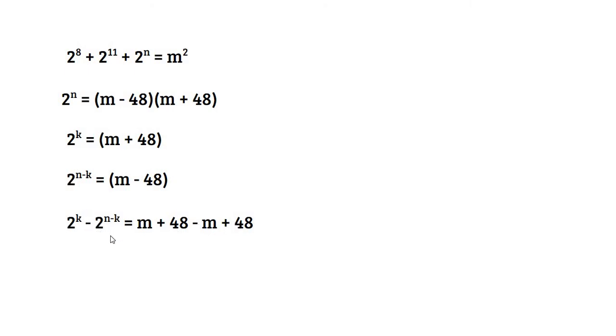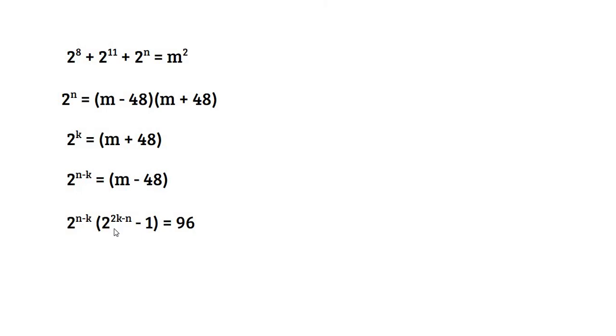And this side, let's see, how can we simplify it? Well, if we factor 2 to the n minus k out of both of them, then this one will just be a negative 1, and this one will be 2 to the 2k minus n. So we can do that. So 2 to the n minus k times (2 to the 2k minus n, minus 1) is equal to 96.